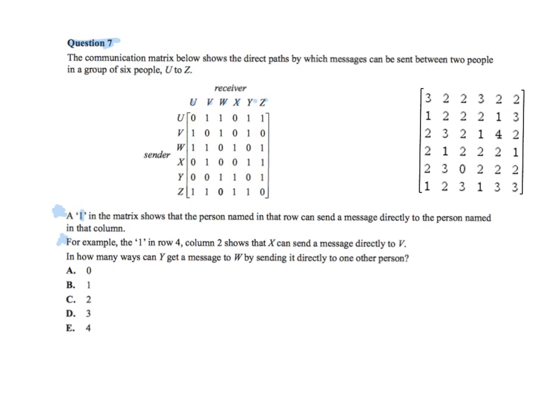It says, how many ways can Y get a message to W by sending it directly to one other person? So this is another way.